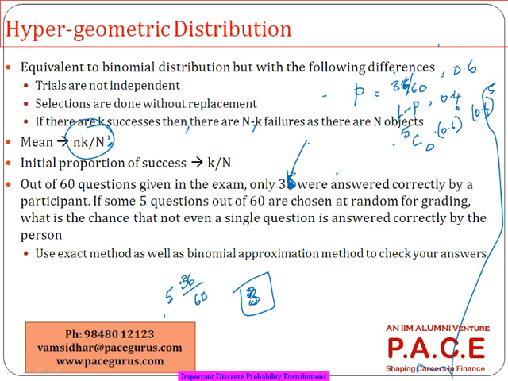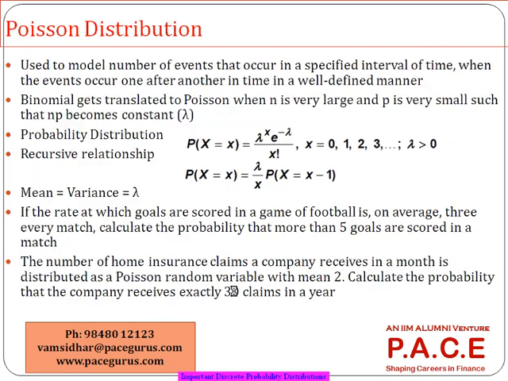So this is one category of distribution we have to be comfortable with. And finally, one more distribution that we need to be comfortable with in the discrete case is the Poisson. Whenever the questions talk about the number of events occurring in a specific interval of time, for example, the number of claims within the next 1 year, the time period is mentioned.